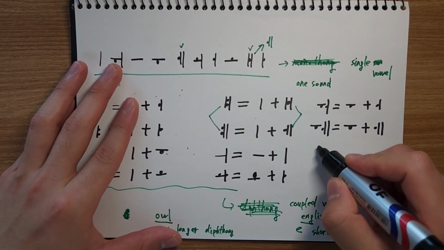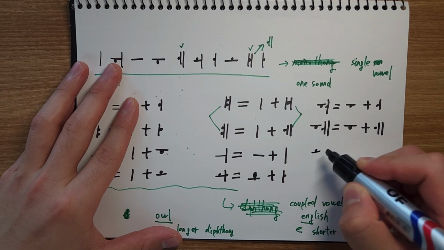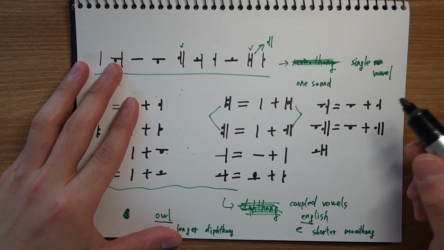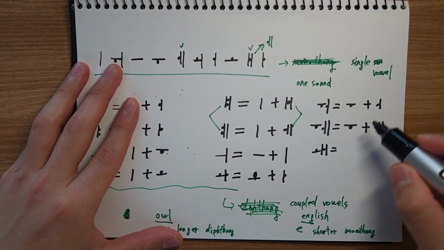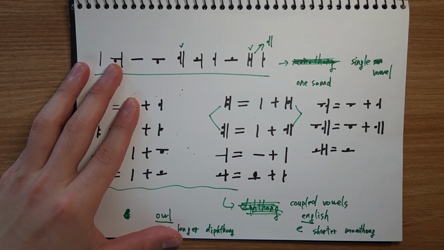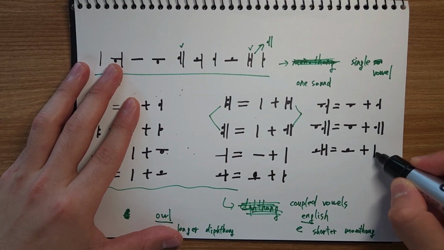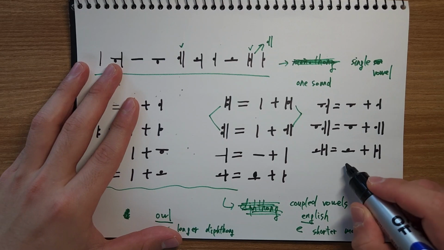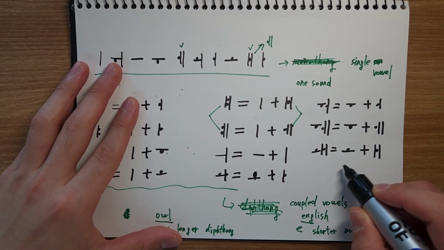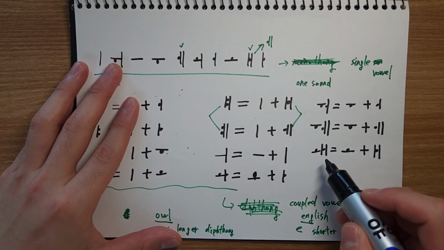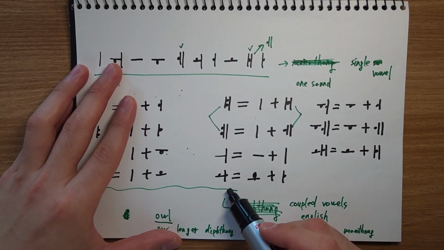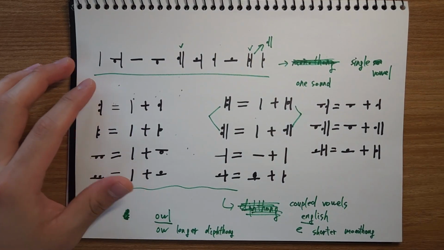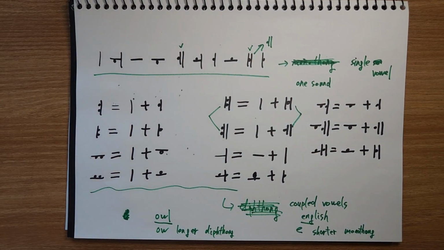And then there is another we sound, which is a combination of o sound and e sound. O, e, o, e, o, e, into we. So wa, wo, we. These are 4 more vowels that you can build.